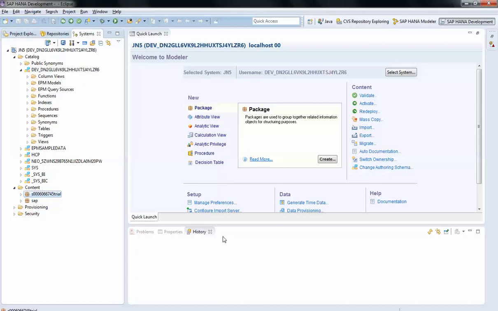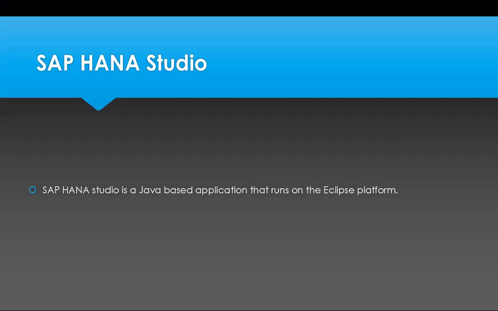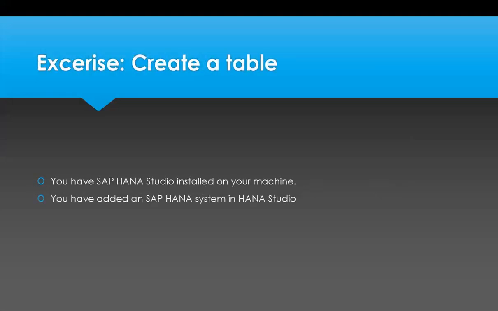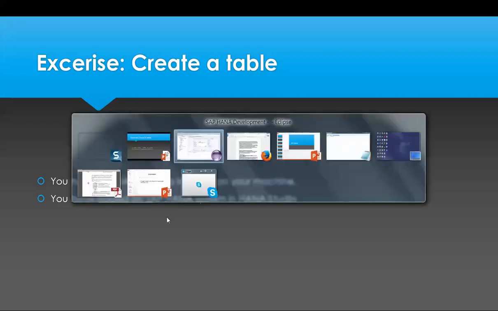Now I'll show you how we create a table in the SAP HANA database. To create a table, you must make sure that you have SAP HANA Studio installed on your machine, which is obvious, and that you have added a SAP HANA system in HANA Studio.